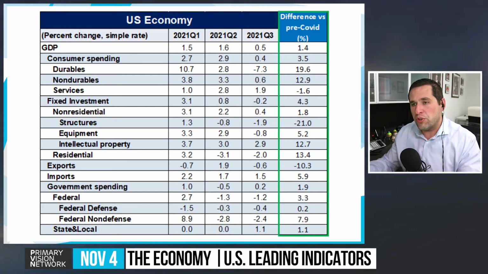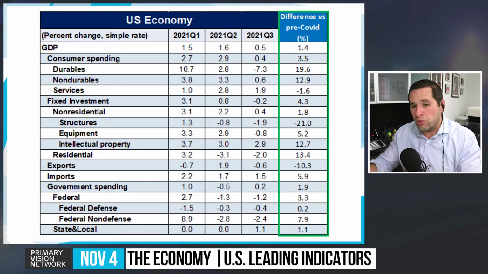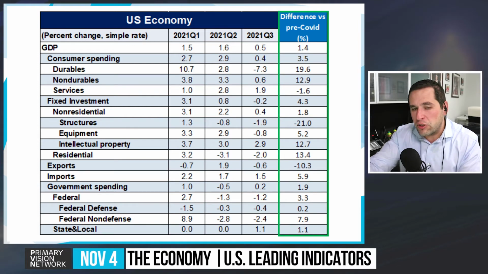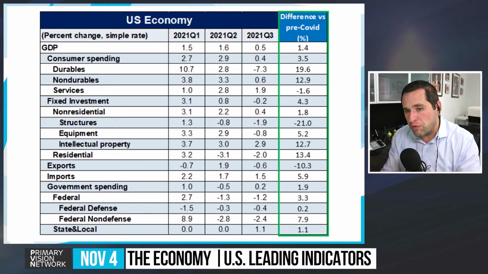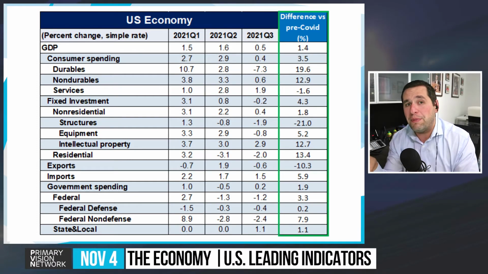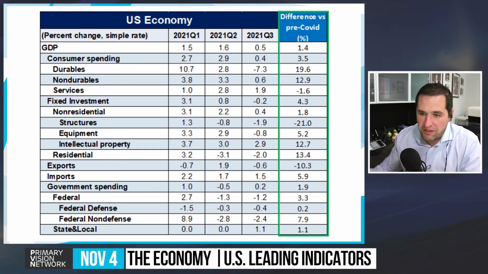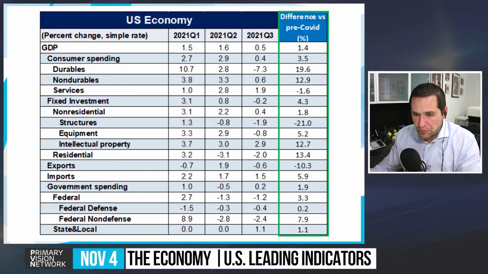So as you see more services coming back, and more of the durables and non-durables coming down, you'll still be able to maintain fairly strong consumer spending, especially as we go through Q4, because services is coming up. The problem is going to be what happens with inflation, what happens with spending as inflation continues to be elevated. And then fixed investment remained strong.